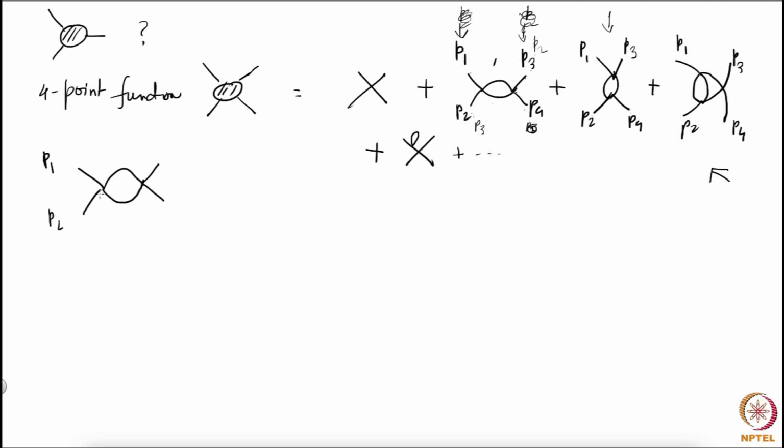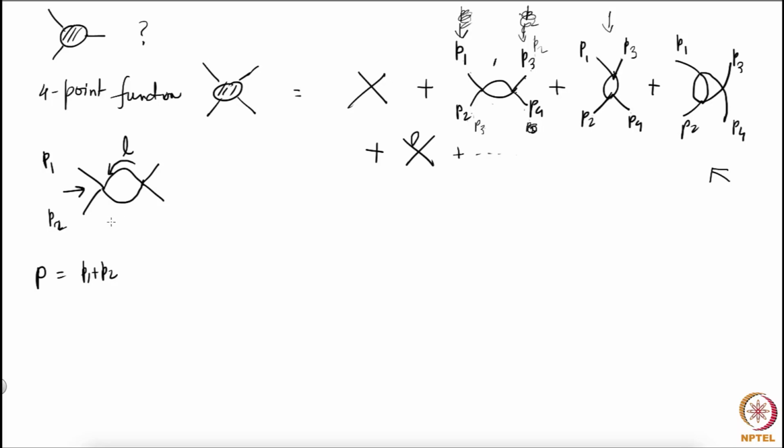Anyhow, so at this vertex, P1 and P2 enter. Okay. So the total momentum that is injected at this vertex is P1 plus P2. Let's call it P. So I define P as P1 plus P2. That is what enters in here. Okay, and then you have a loop momentum L, which I want to choose this way.